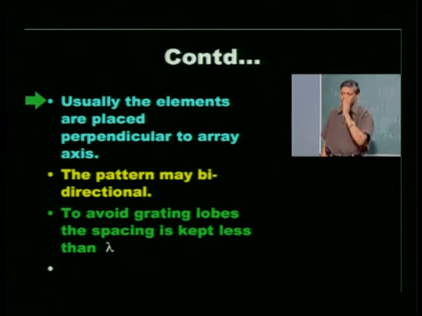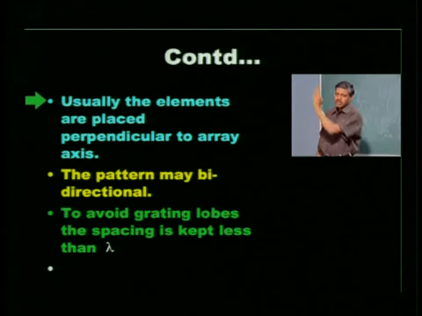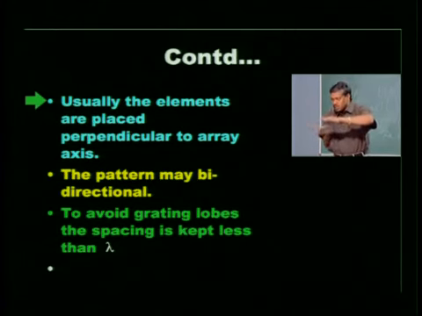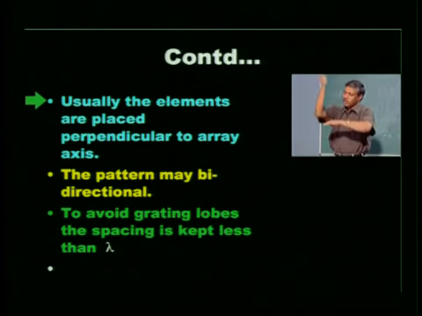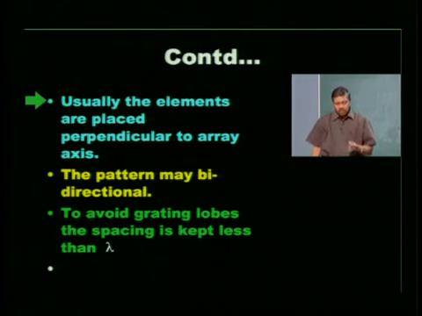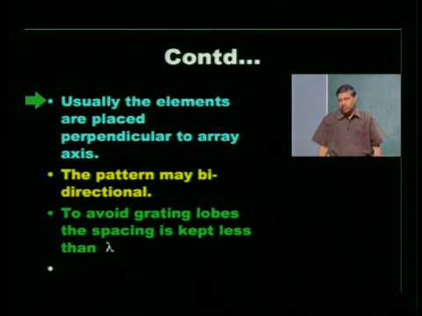So, if you are going for a broadside array, keep your elements perpendicular to the axis, so that it radiates and meets in this direction. If you are keeping them like this, then the radiation has to be again oriented to give you a broadside direction. So, that is why usually the elements are placed perpendicular to the direction of the axis.